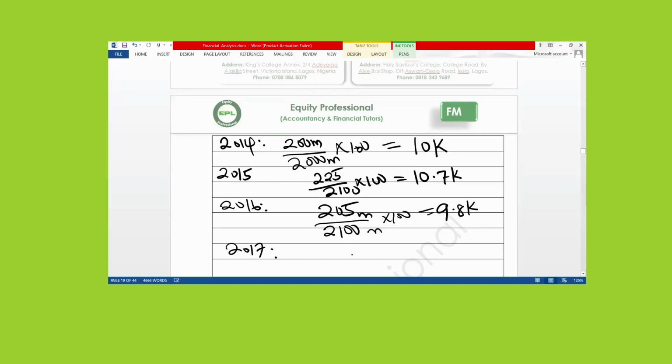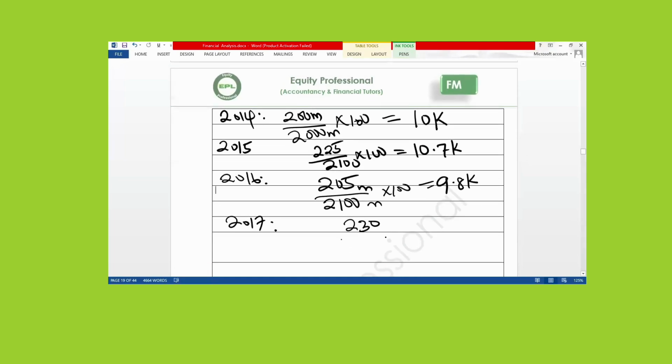2017, equity earnings, 230. Number of ordinary shares, 1,900 million. Multiply by 100. What is earnings per share? 12.1 kobo.